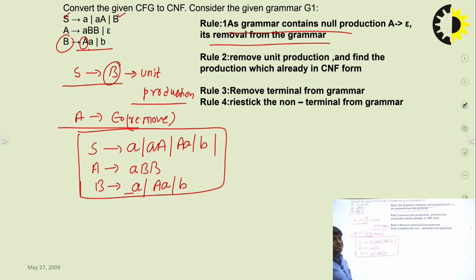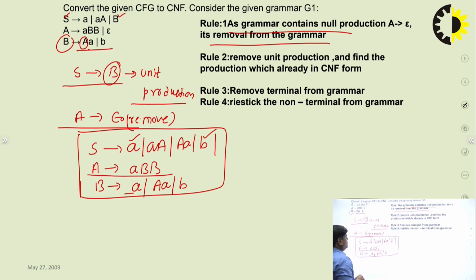Now we move on to the other rules. We find which production rules are already in CNF form. Now S tends to A, this production rule is allowed in CNF form. S tends to B, this production rule is allowed in CNF form. It means these two productions are already in CNF form.